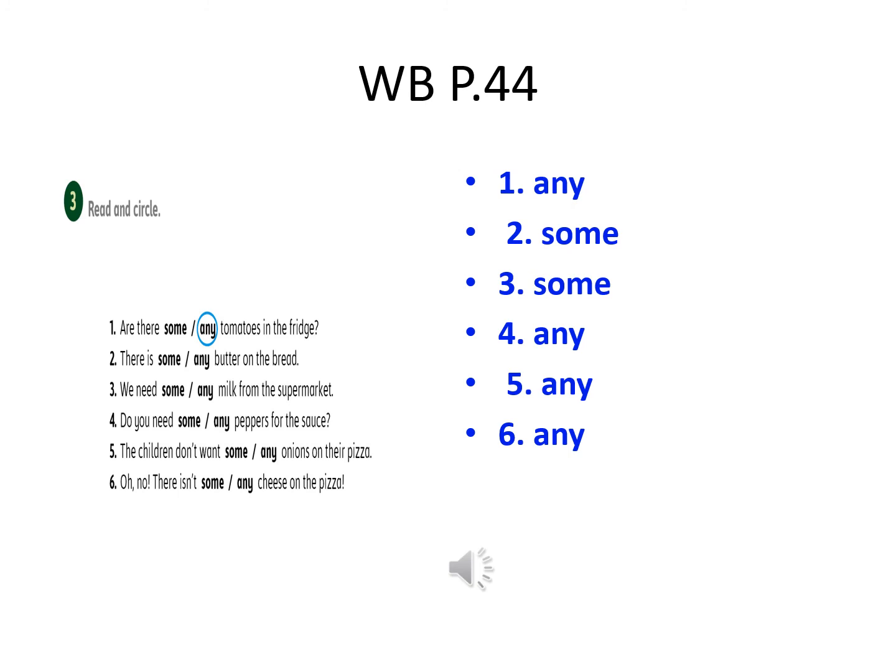Number 3, we need some milk from the supermarket. Number 4, do we need any peppers for the sauce? Because it's a question. Number 5, they don't want any onions on their pizza, because it's a negative sentence. Oh no, there isn't any cheese on the pizza. Also because it's a negative sentence.